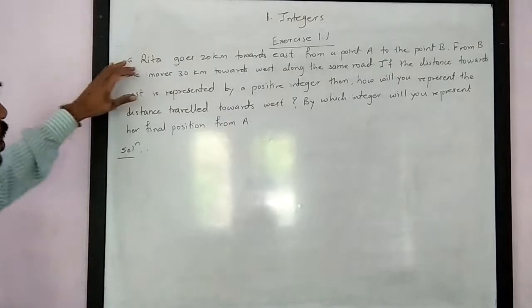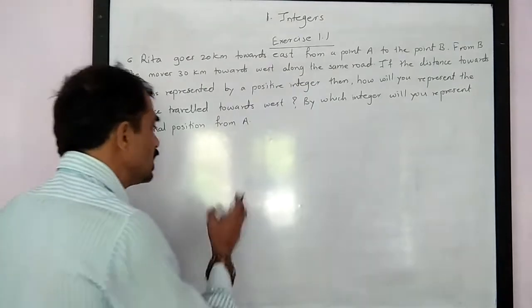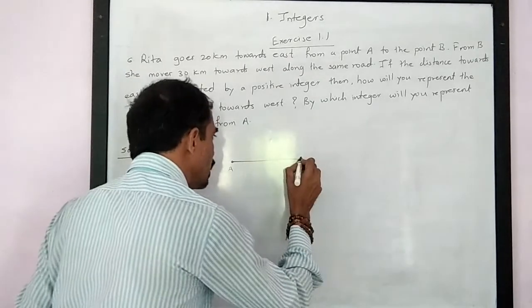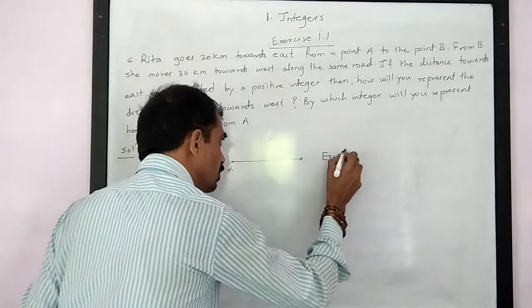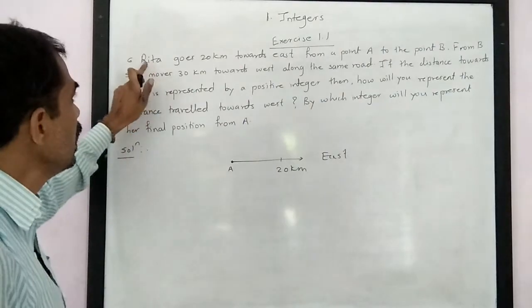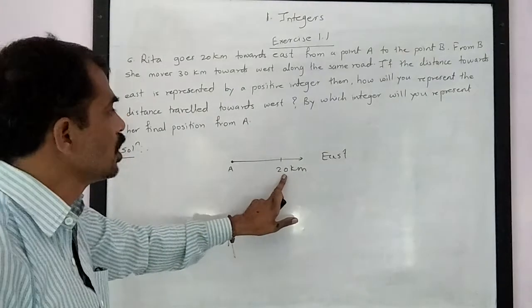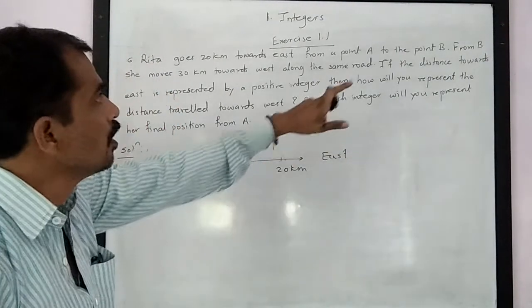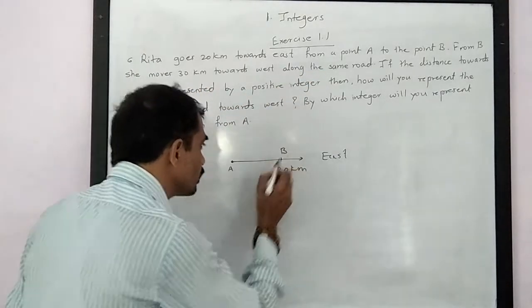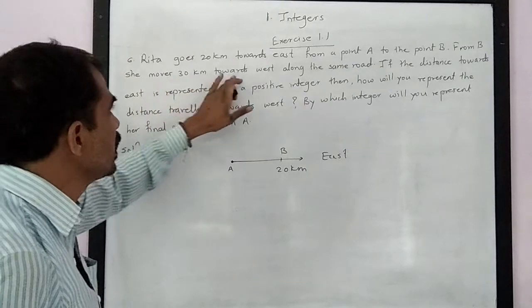In exercise 1.16 question is, Rita goes 20 km towards east from point A. So there exists a certain point A, and from this point Rita moves towards the east 20 kilometers to point B. From B, she moves 30 kilometers towards west.